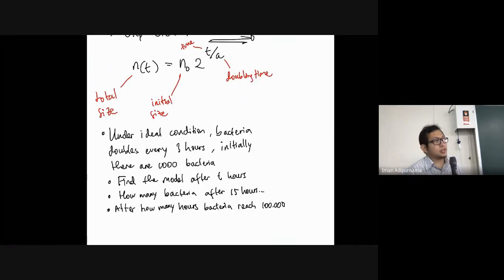So these three questions is typical questions in any exponential growth modeling. Okay. So usually they will ask the model, the equations, and then asking the total size after some hours, some time, and then you will be asked the time when it reached some numbers. Okay, these three typical questions.